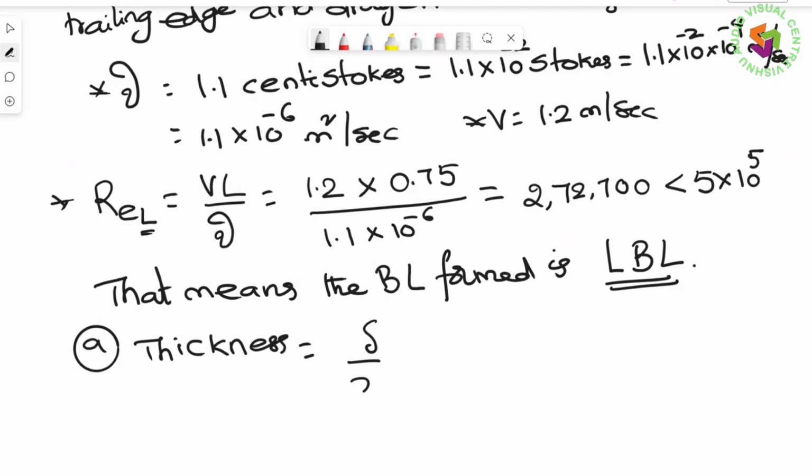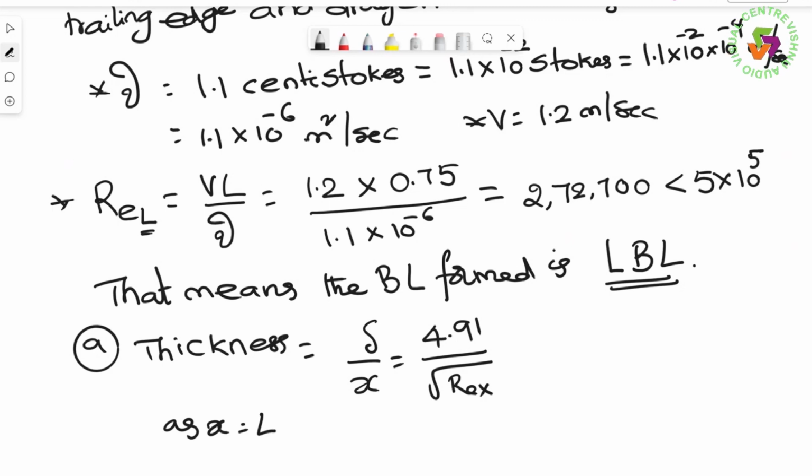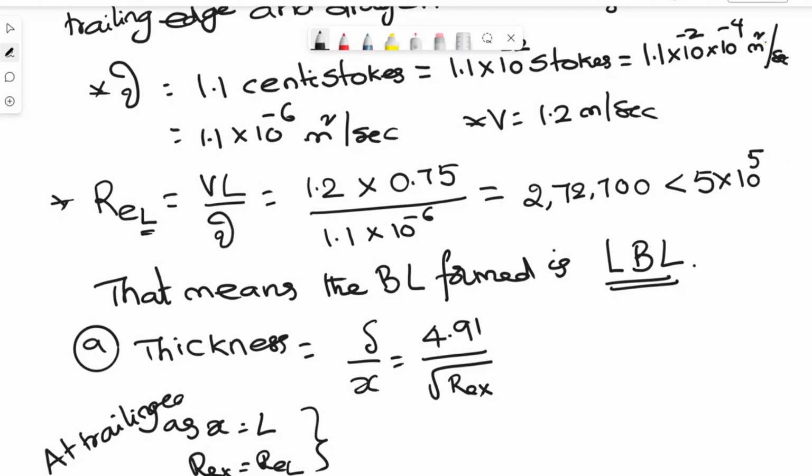So delta by x is equal to, our rule is 4.91 divided by root Rex. As x is equal to L, Rex is equal to Rel, because it is at the trailing edge. Therefore, delta by L is equal to 4.91 divided by root Rel.